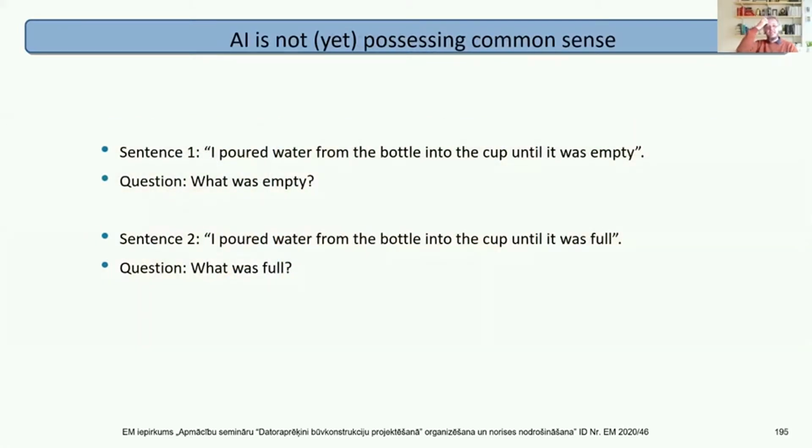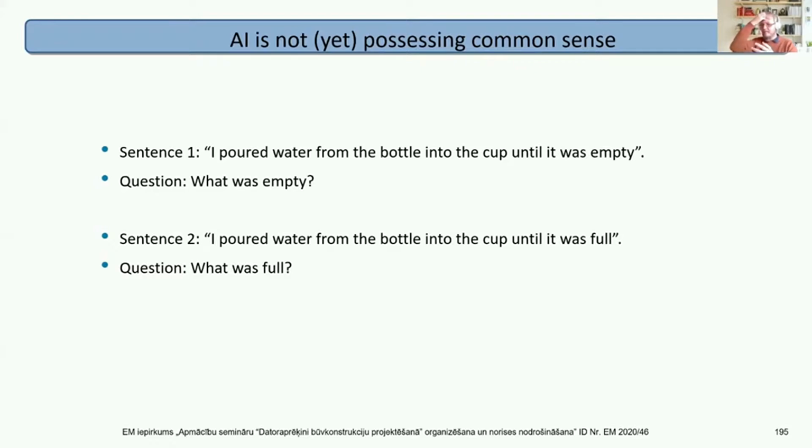AI possesses no common sense. Now, everyone has common sense. We have common sense because we live in the real world and we experience everything. For example, these two questions here, sentence 1, sentence 2, they differ by just one word. And so the question then is what was empty, what was full.